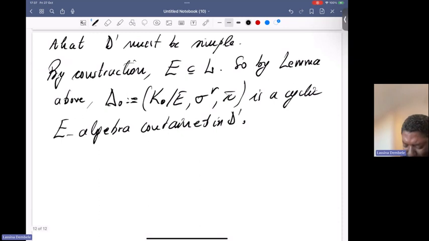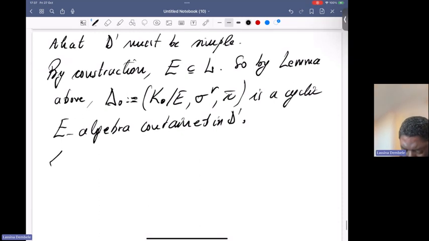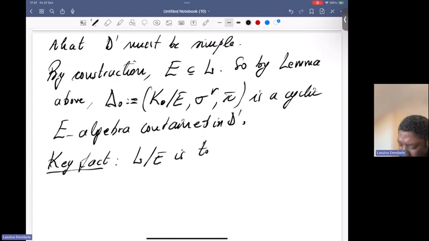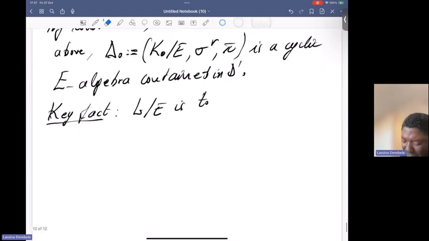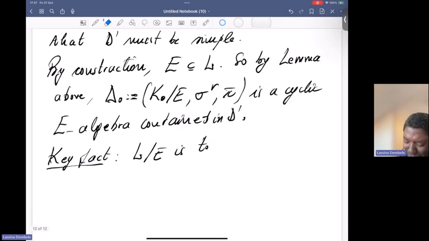And now the key fact that we need here is that L over E is, I guess you could say, ramified, or even totally ramified.